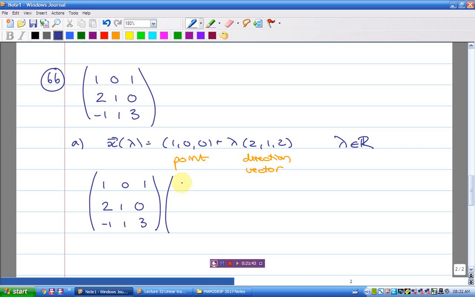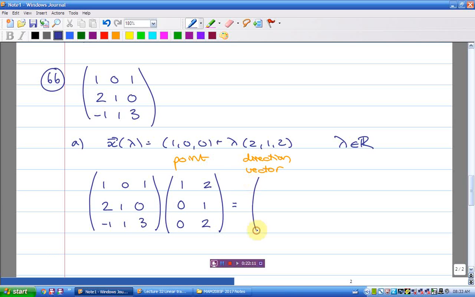I'm going to write the point as a column vector, and the direction vector as a column vector, and allow them to share the same matrix. We know how matrix multiplication works, and those two columns are not going to interfere with one another. I could transform the point in one calculation and the direction vector in a second calculation, but then I'll be forced to write my matrix twice. I only want to write it once, so I'll do it like this.